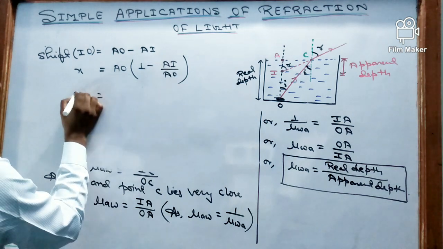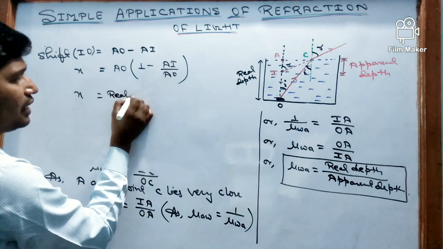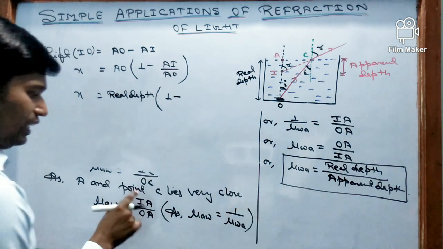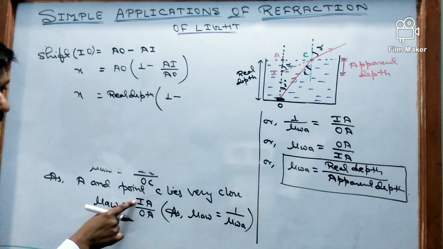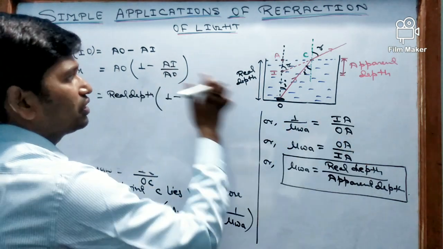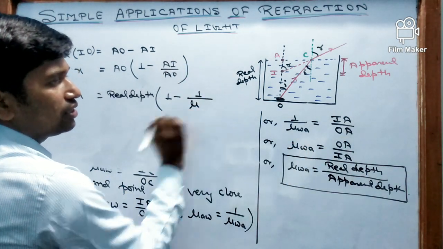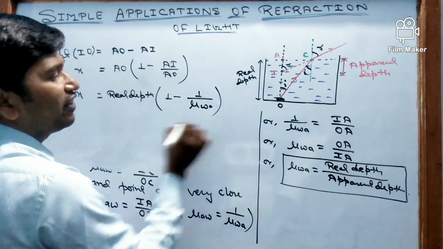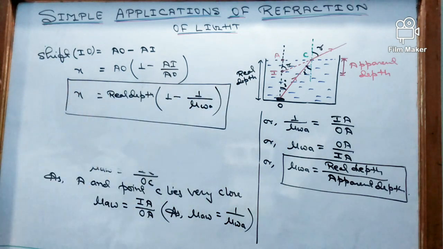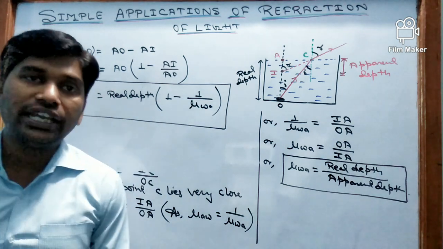Or X is equal to real depth, since AO is the real depth, into 1 minus IA by OA, but this is the reciprocal of what we have seen, so we can write it as 1 by mu WA, the refractive index of water. So this is the shift or normal shift. We can use this formula for solving numericals.